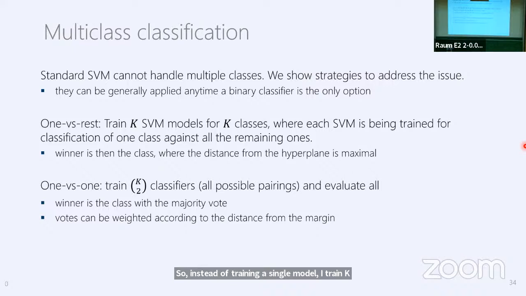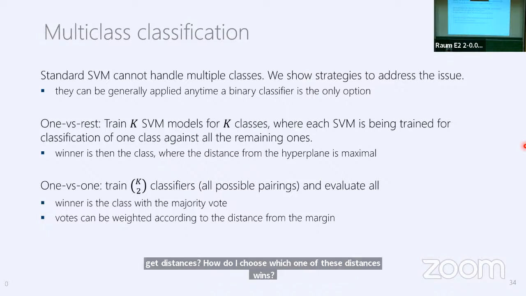For each of them, I say 0 is the first class, all the others are the second class. Then 1 is the first class, all of the others are the second class, and so on. How would you choose then? Now a test point comes in, I plug it into these k classifiers. What do I get? I get distances. How do I choose which of these distances wins? The simplest thing is just to take the maximum distance.